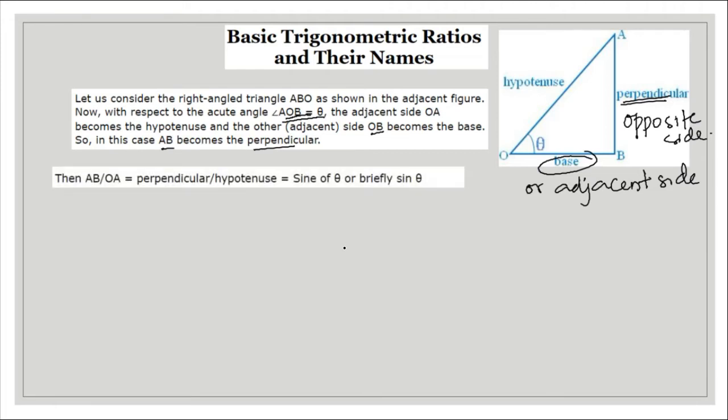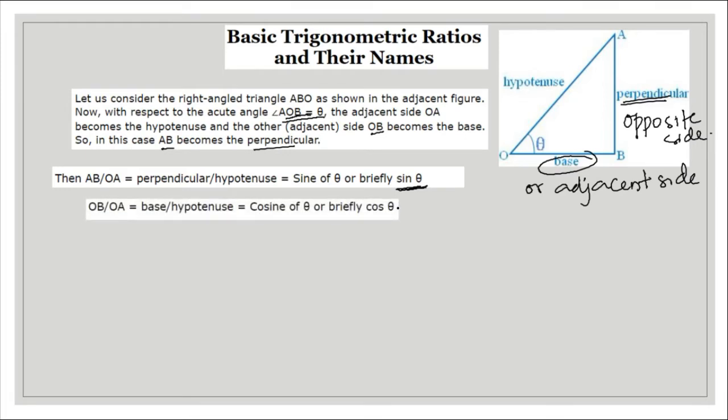AB by OA is perpendicular by hypotenuse, or else it is opposite side by hypotenuse. It is named as sine of theta, or briefly it is written as sin theta. It is pronounced as sine theta. OB by OA.